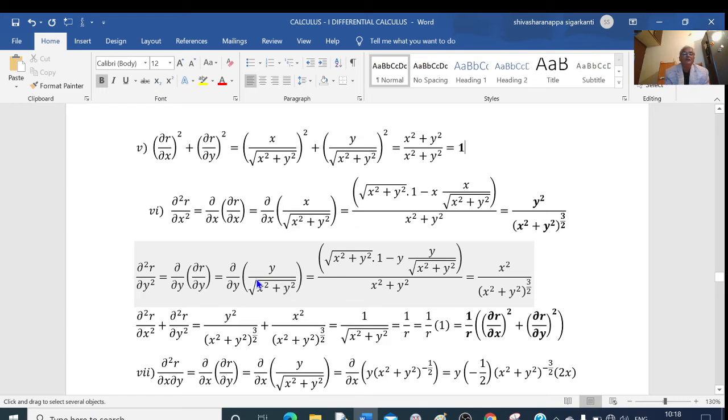Again, we are differentiating partially with respect to y. Both numerator and denominator consist of y, so we have to apply the quotient rule.